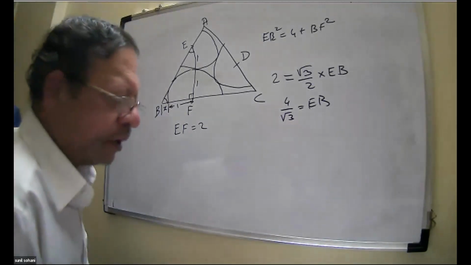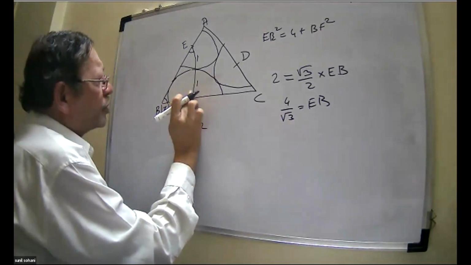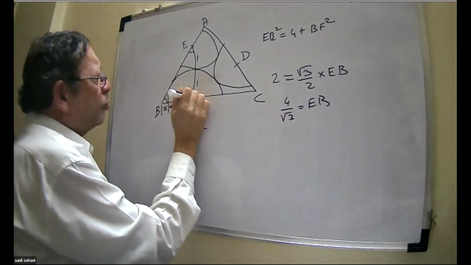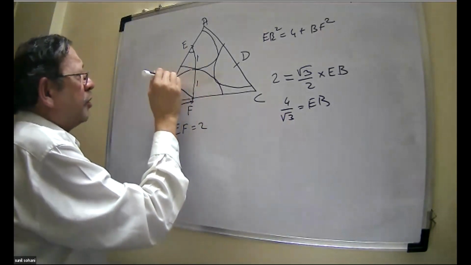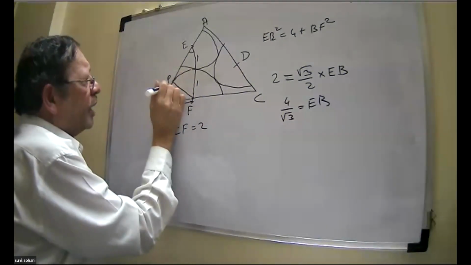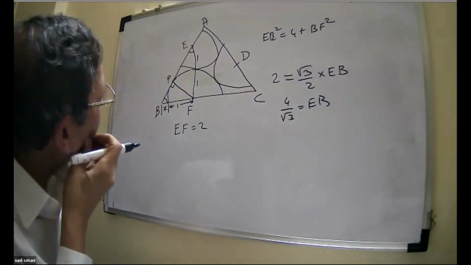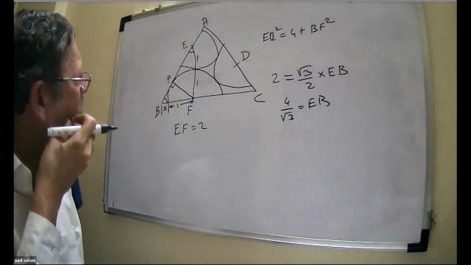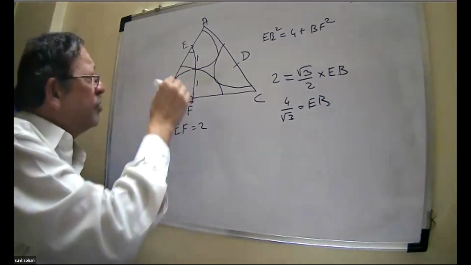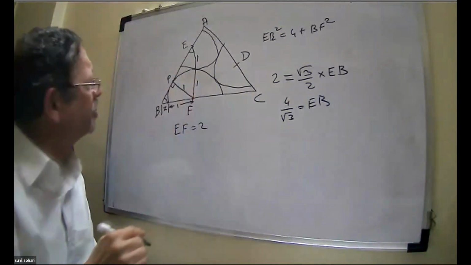Okay, now let me complete a little more information here. Now I introduce one more point here, which is point P, which will be at 90. And we have one more Pythagoras theorem in the triangle BFP. Now this PF is going to be 1 unit, as you can see.